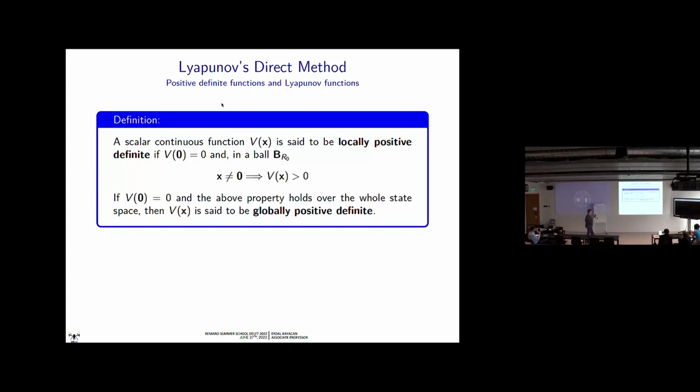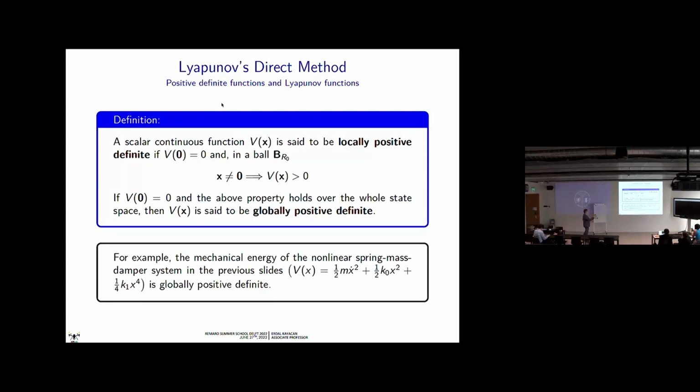For example, the mechanical energy of the spring mass damper system satisfies this condition because this function is equal to 0 when x and x dot are equal to 0, and otherwise it is always positive because each of these terms is positive. So this function is always positive, globally positive definite.